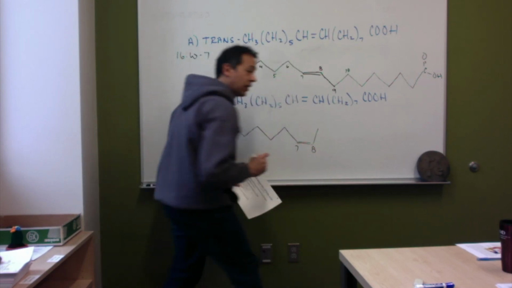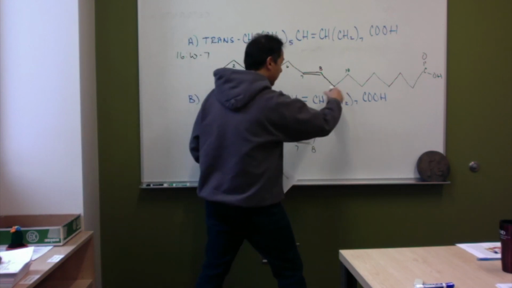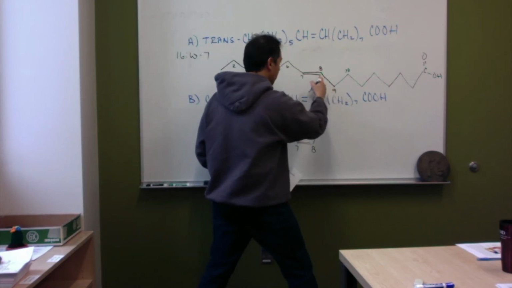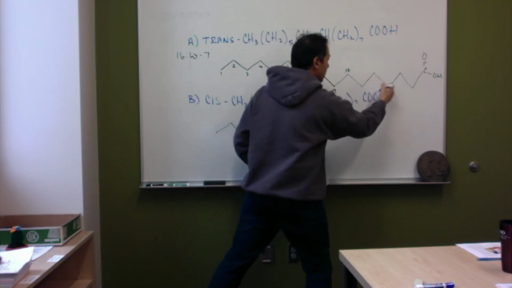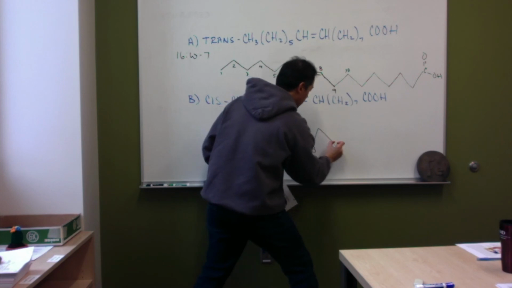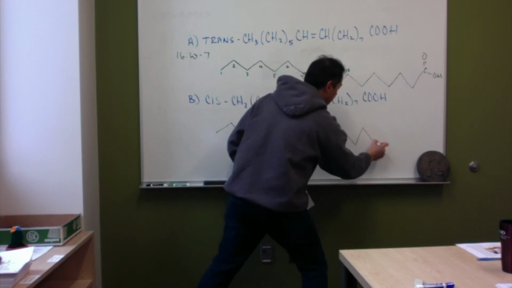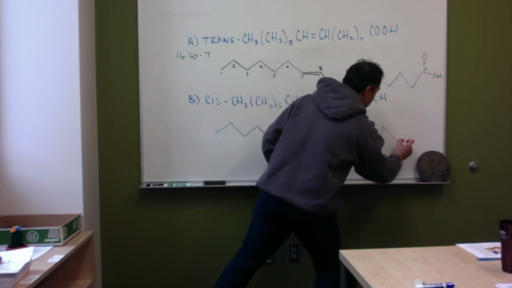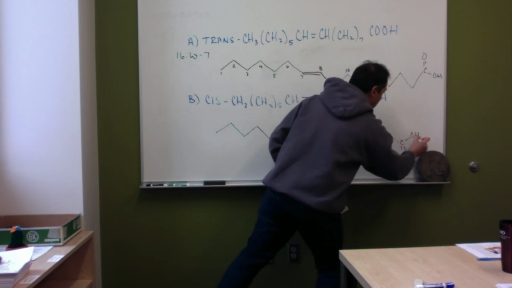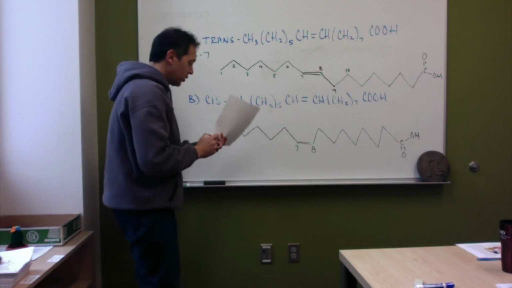Here's 8, like that. And then I'm going to put the rest in here: 1, 2, 3, 4, 5, 6, 7, 8, 9. Carbon, double bond O, H, like that. Okay, so here are my two structures.